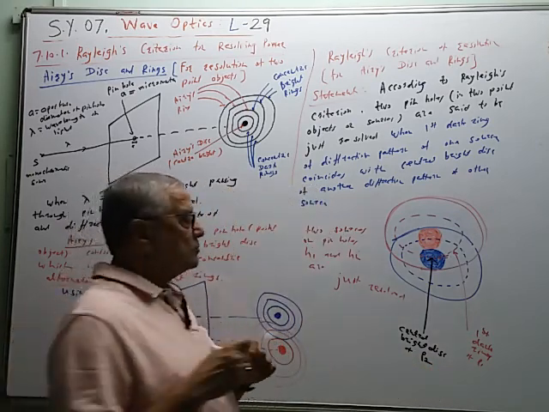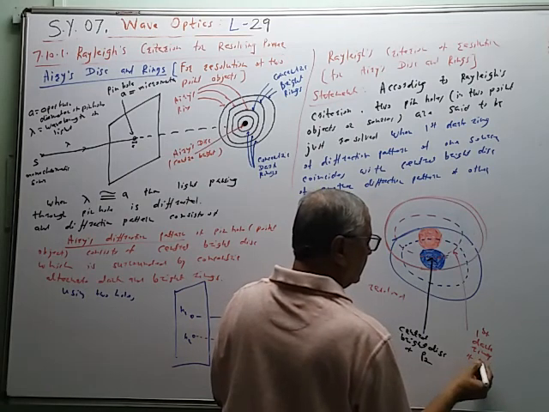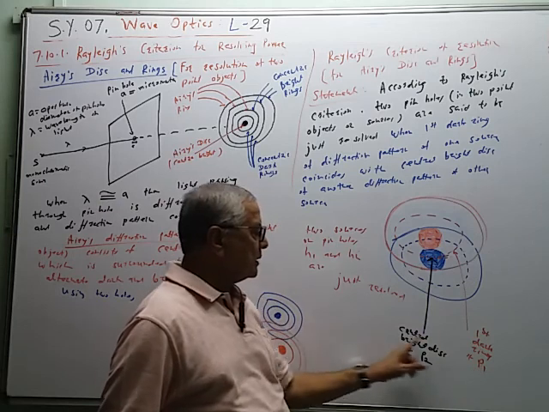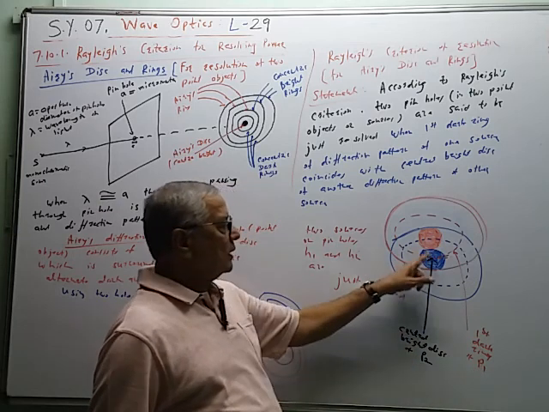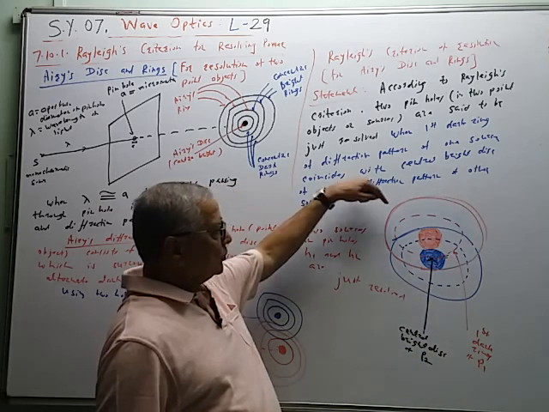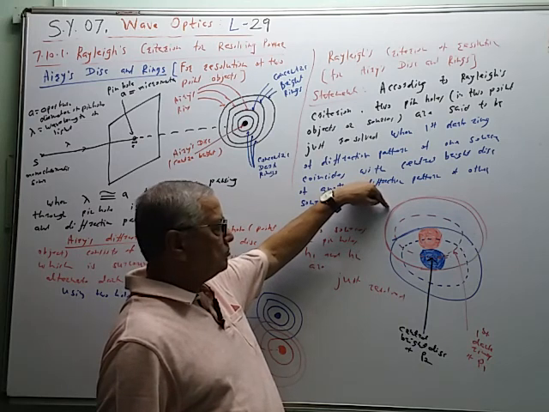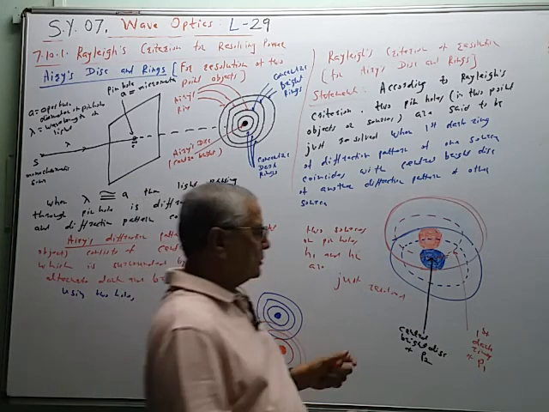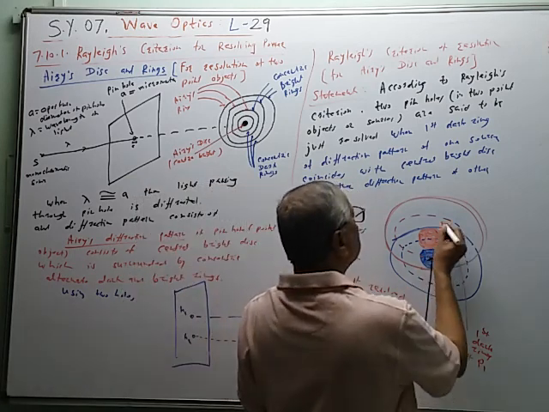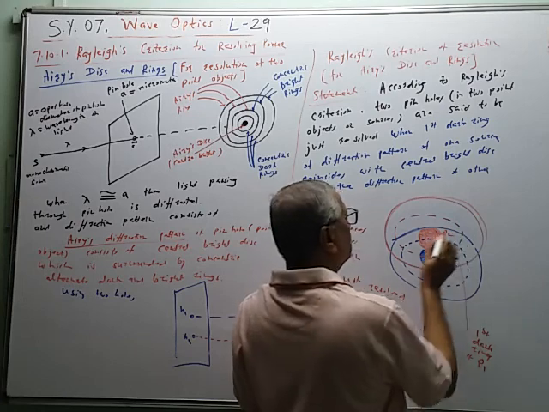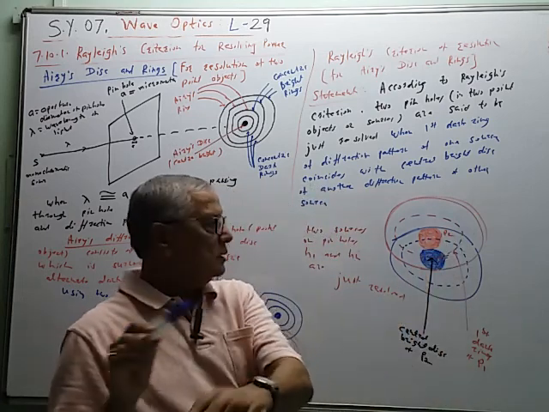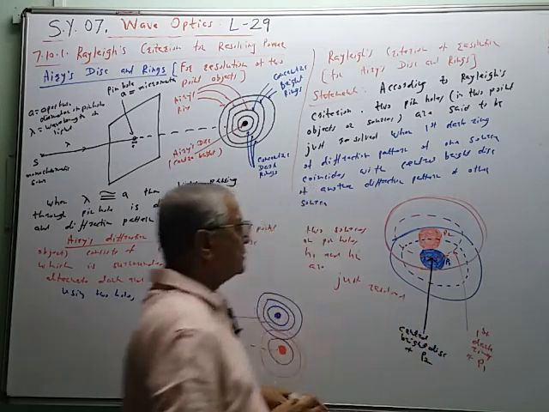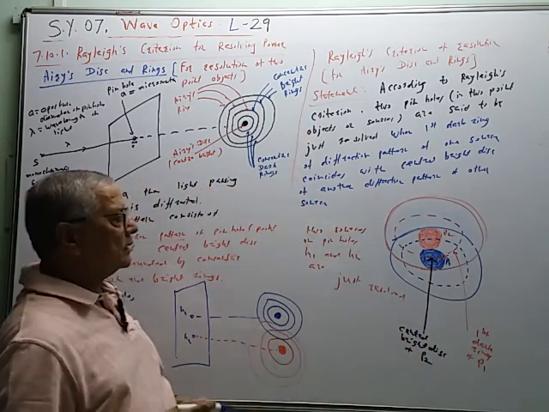So there are two diffraction patterns P1 and P2 and the criterion is like this. The first darkening of one diffraction pattern coincides with the central bright disk of the other diffraction pattern. So the red color shows the diffraction pattern of P2 and this shows the diffraction pattern of P1. Blue color means P1 and this is P2. So this criterion is fulfilled like this.